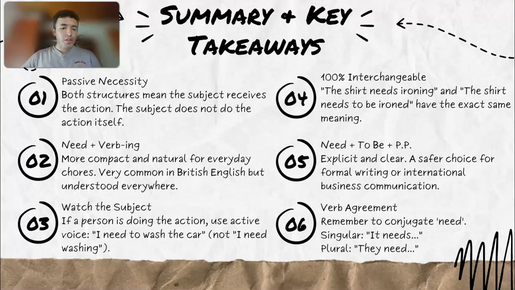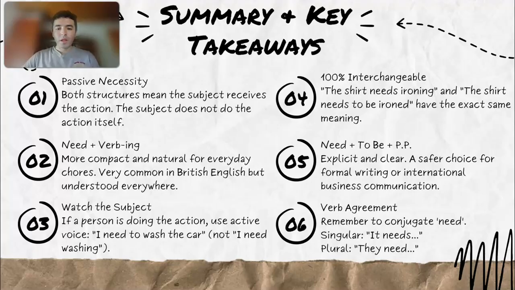Number three, watch the subject. If a person is doing the action, use active voice: I need to wash the car, not I need washing. Number four, 100% interchangeable. The shirt needs ironing, and the shirt needs to be ironed, have the exact same meaning.